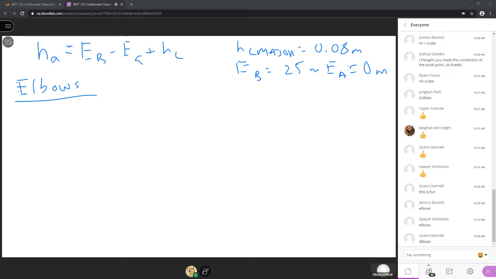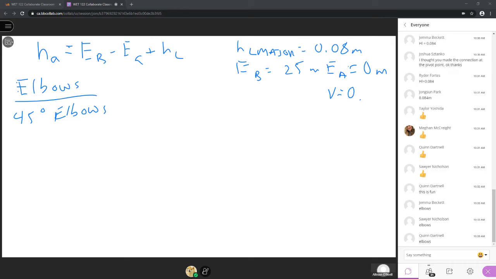So we've got two standard 45-degree elbows. The first thing we're going to check is, can we use the resistance coefficient method? And if we can use that method, let's use that method. I also should write down the velocity up here.